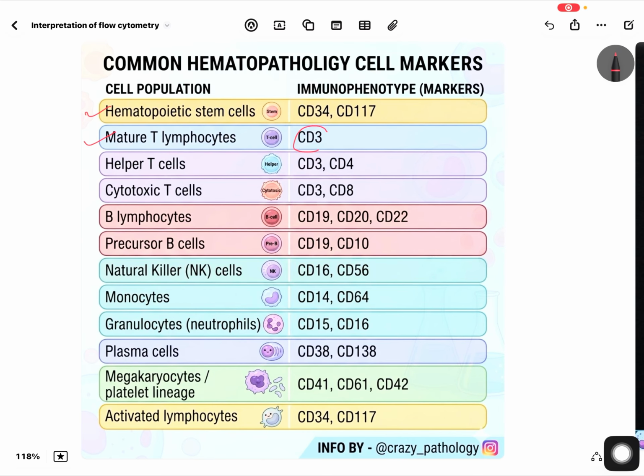Mature T cell lymphocyte is CD3, helper is CD4, and cytotoxic is CD8. CD3 is the common leukocyte T cell marker. In B lymphocytes it is CD19, then CD20, CD22, but the precursor is CD10.